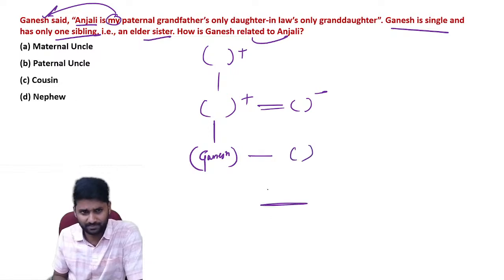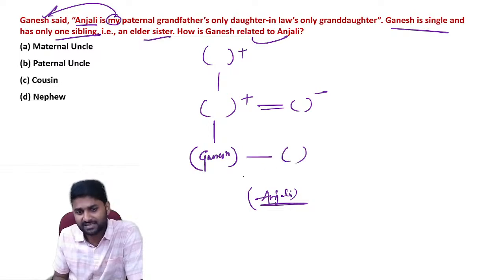We don't know that this particular person's name is Anjali. And Ganesh is single, so Ganesh is not married. So we can conclude that definitely Anjali is niece of Ganesh.